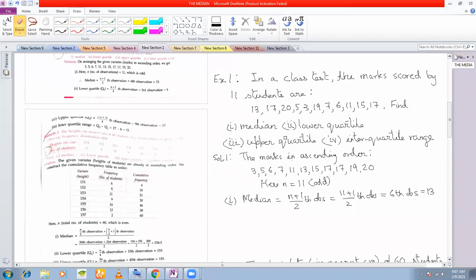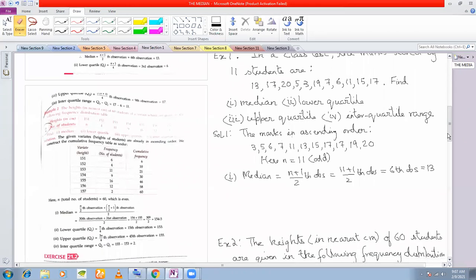Now we shall proceed to find out the lower quartile or Q1.